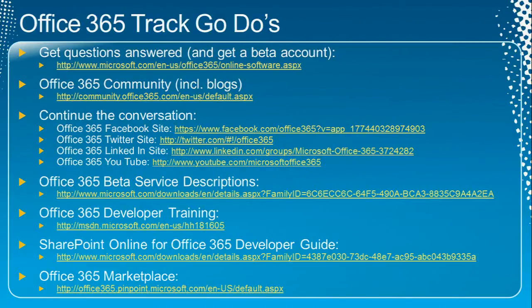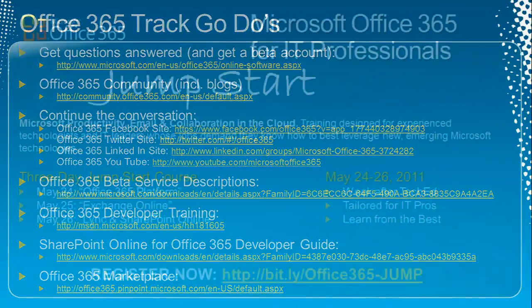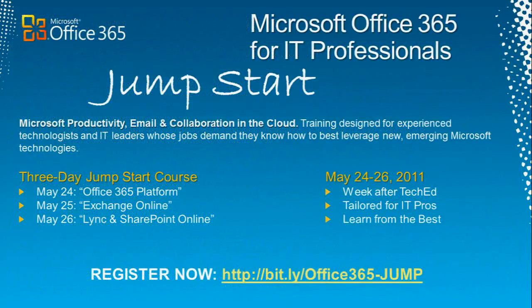Our blog sites. One thing I want to call note to is a Jumpstart training session going on next week. It's an online event. So you can go to this URL, register for the Jumpstart training. It gives you entire end-to-end Office 365 deployment information. We've run these worldwide for partners and customers as we've done early beta.